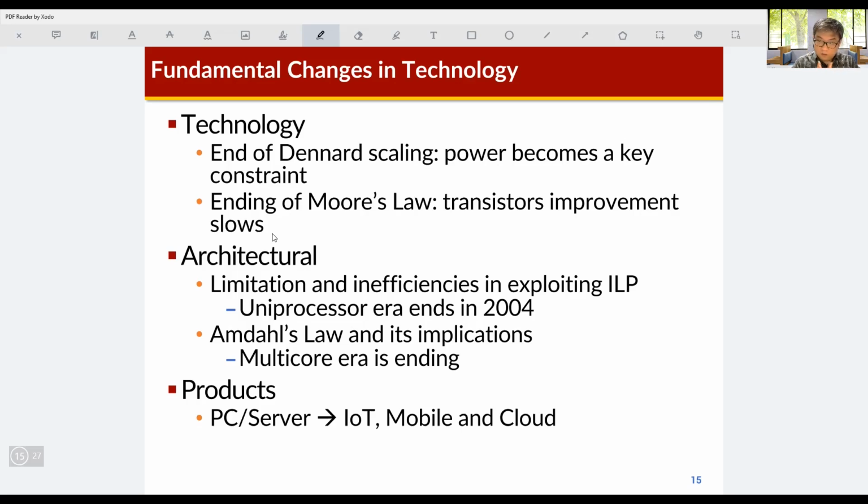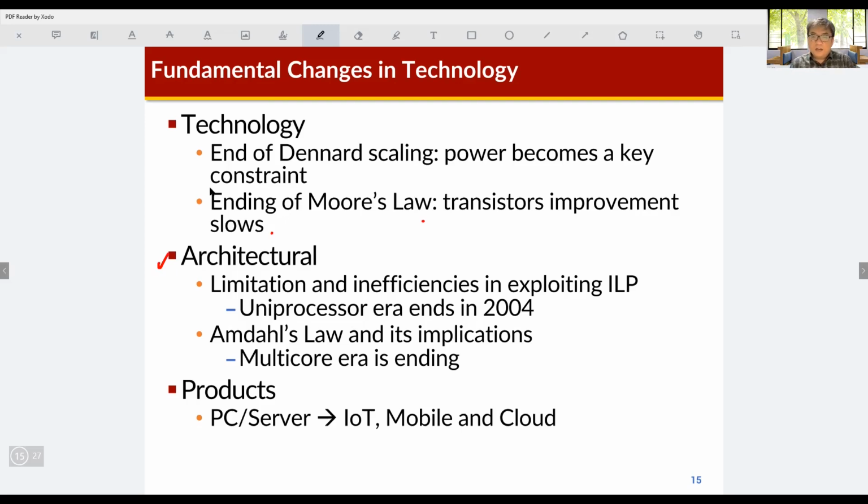So recently Intel is struggling very much to manufacture small transistors. That means Moore's law is ending.